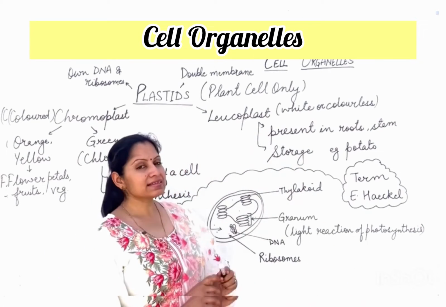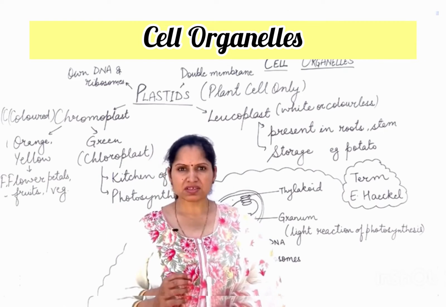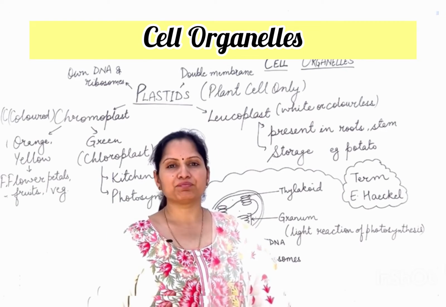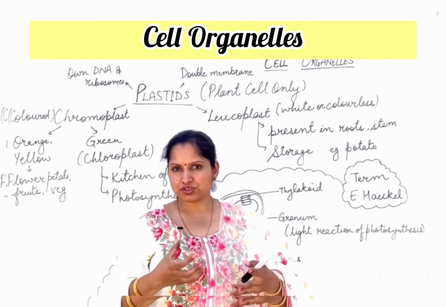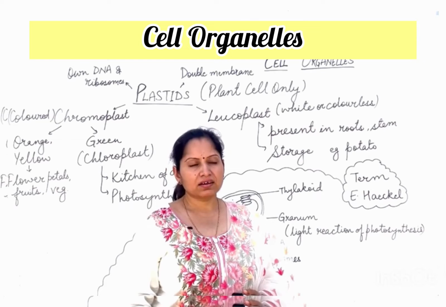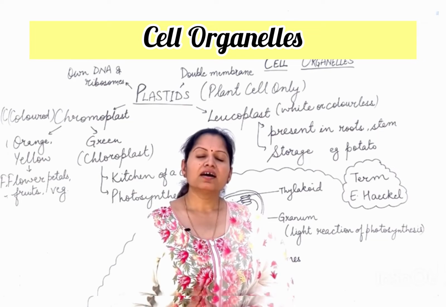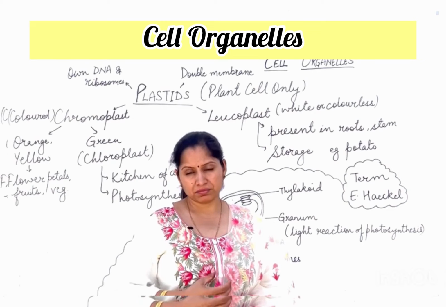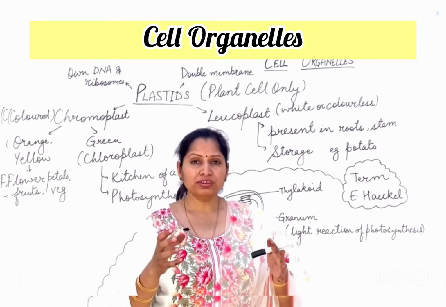Now, if it's white in color, that is leucoplast, that is the colorless plastids. They are usually present in the roots and in the stem. In the roots sometimes, or in the stem, there is storage part of the plants, like potatoes. Potatoes are a modified stem only. Apart from that, sweet potato, that is a modified root.